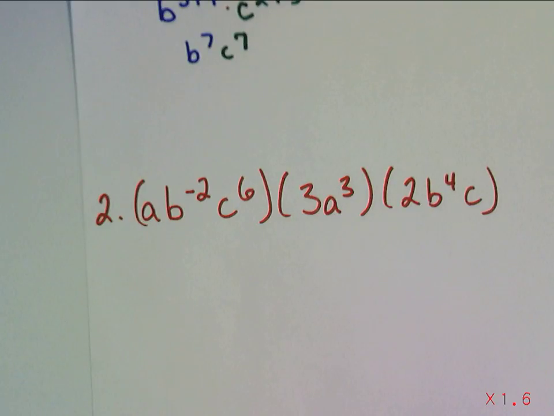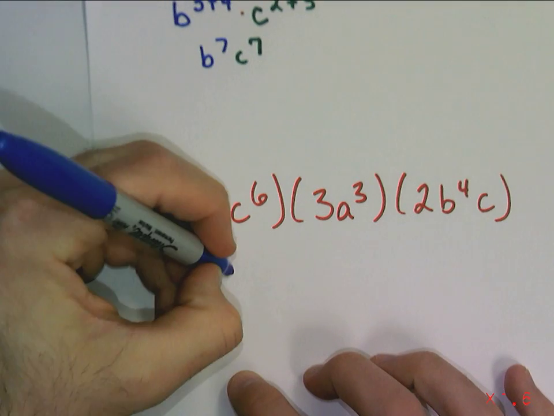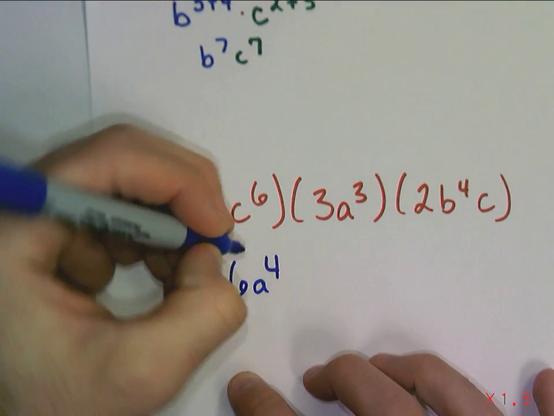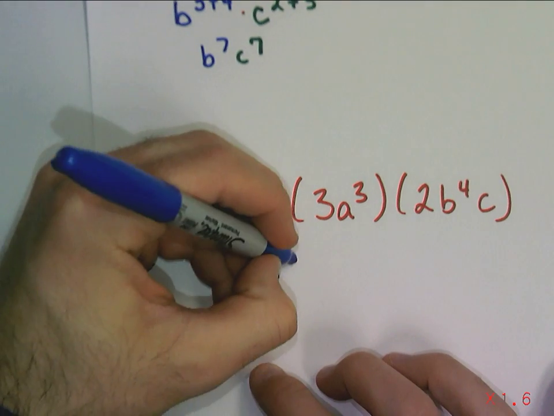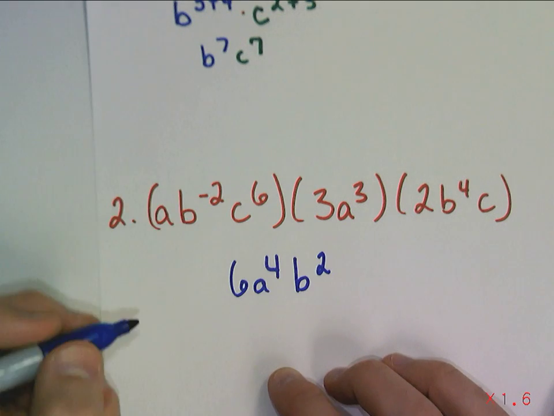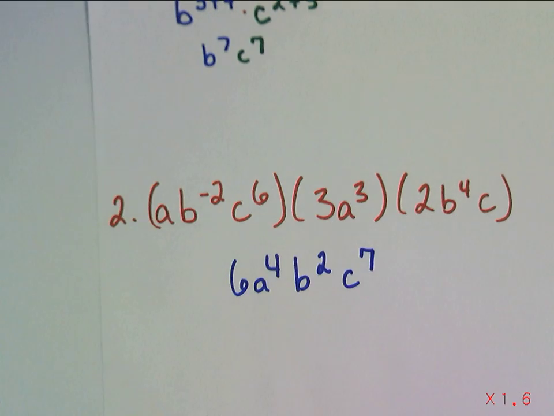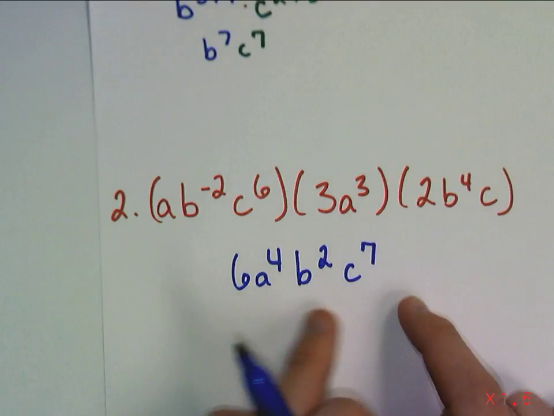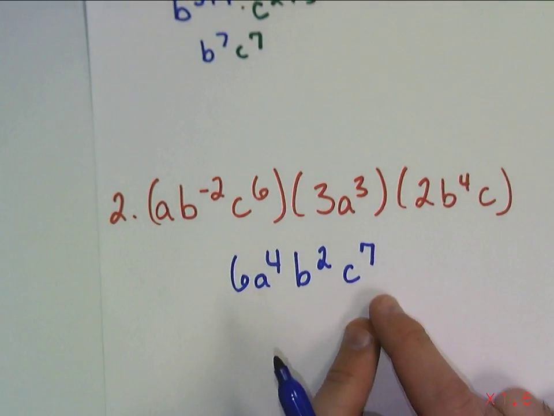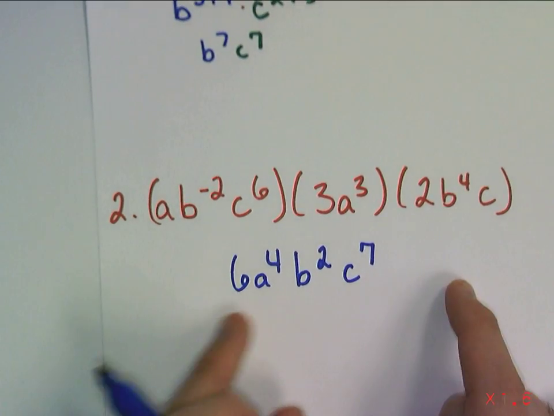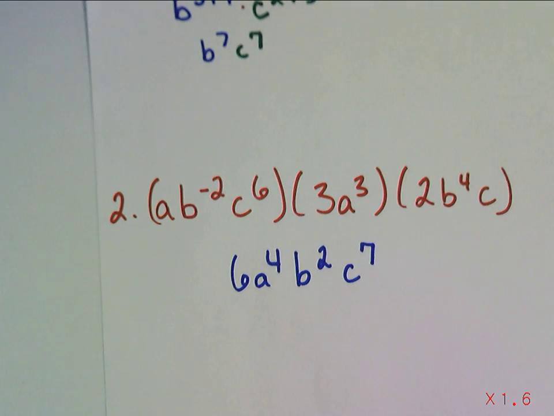Your answer to this one should be 6a to the 4th b times b squared times c to the 7th. After trying that one, if you didn't get this, try it again or come and see me and I can help you out further. So that's our second example there.